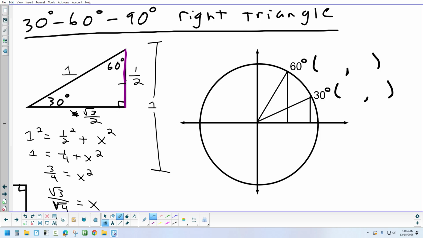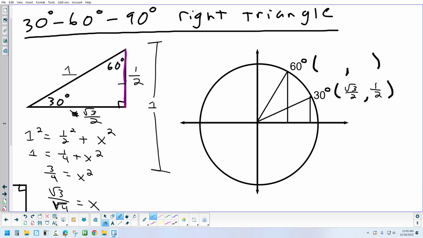So what would be the coordinate for 30 degrees? Root 3 over 2, comma, 1/2. That's how far over you go on the bottom, root 3 over 2, and then the height of the triangle is how far up you go, and that's 1/2.